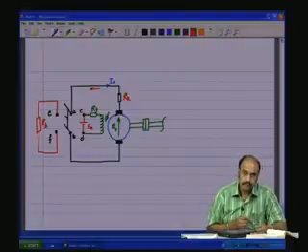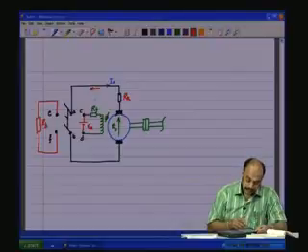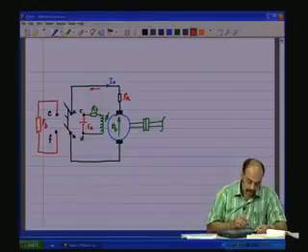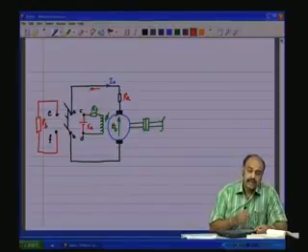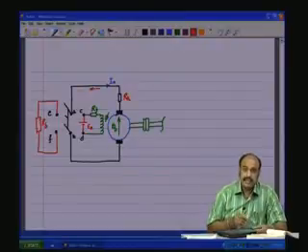IA, or if the current is already flowing in IA, that is going to decay pretty rapidly because that gets dissipated in RB as IA square RB.